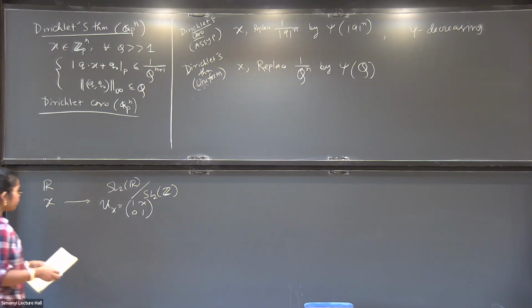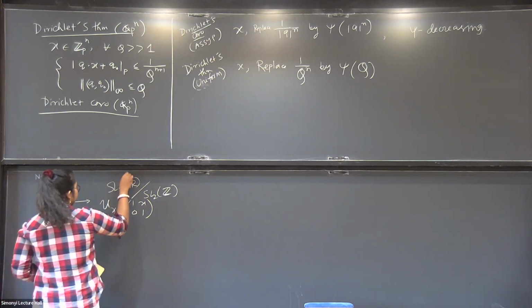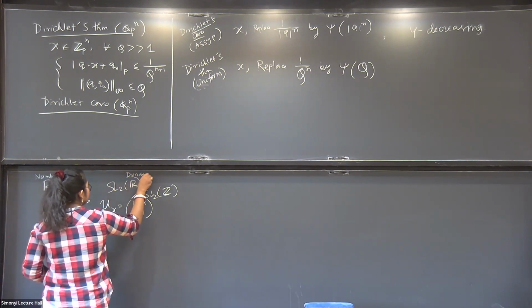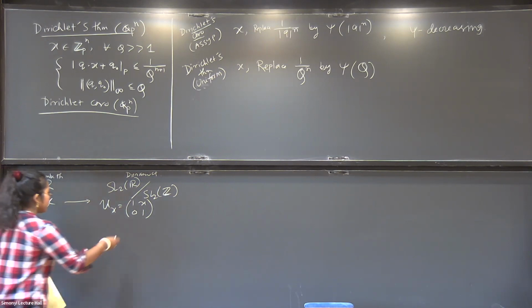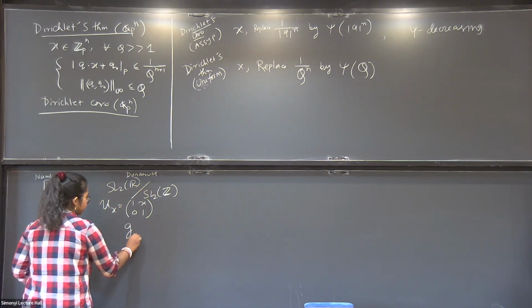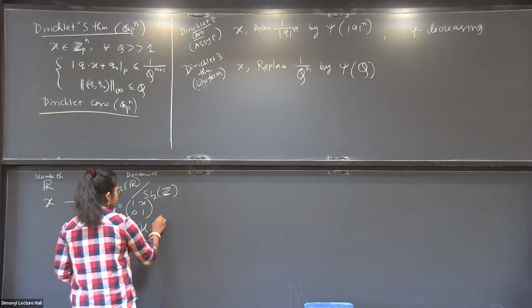And then, okay, so this is the number theory side. And this is dynamics. So the idea is that the better you can approximate X, the more this orbit of UX, so what is GT?